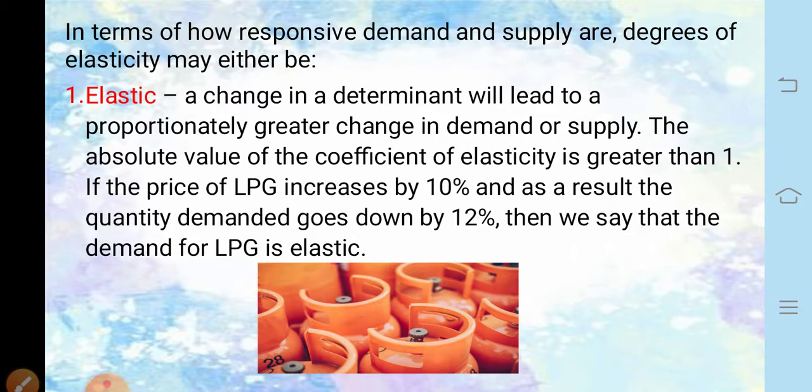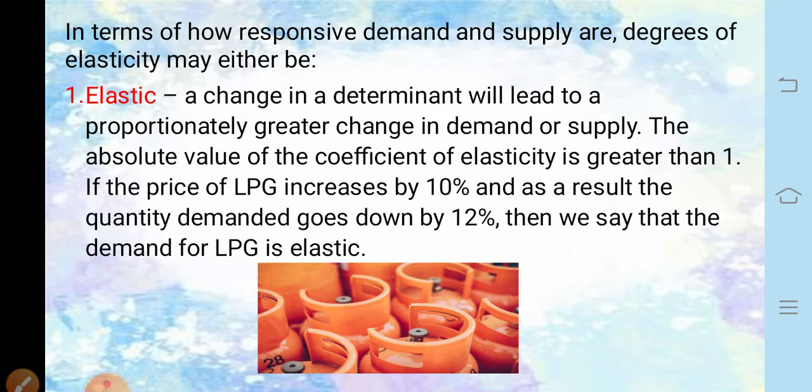If the price of LPG increases by 10% and as a result, the quantity demanded goes down by 12%, then we say that the demand for LPG is elastic. Elastic means the absolute value of the coefficient of elasticity is greater than 1.